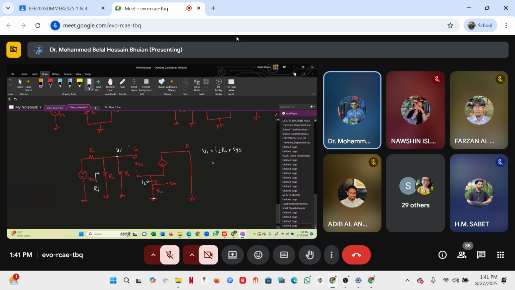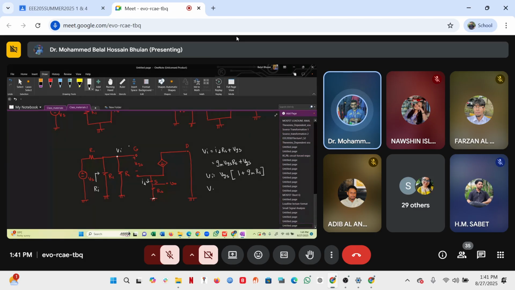What is ID? gm VGS. So VI equals gm VGS RS plus VGS, and if I take VGS out, we get VGS times (1 plus gm RS). So that is our VI.